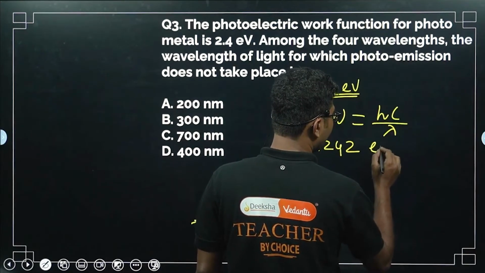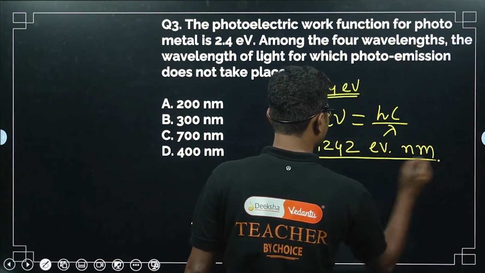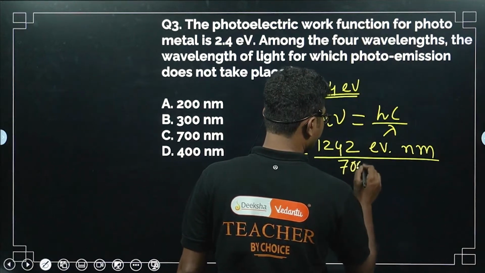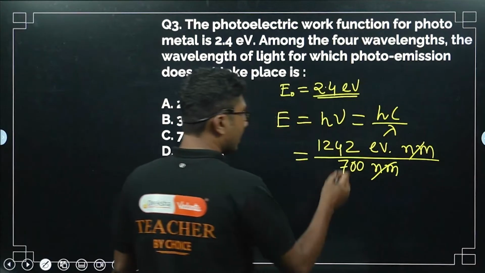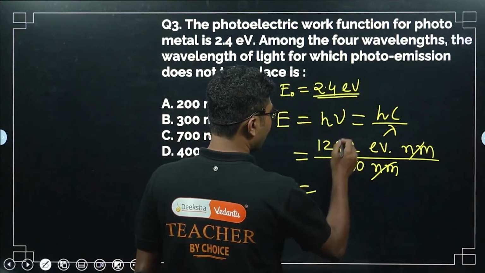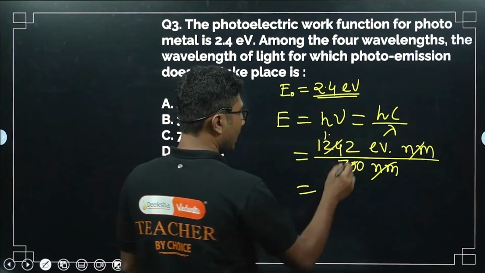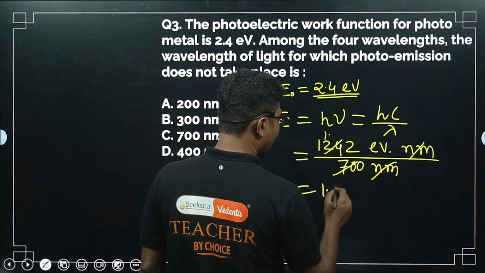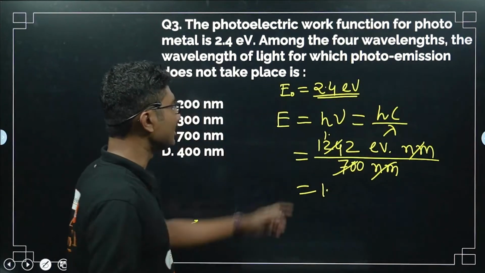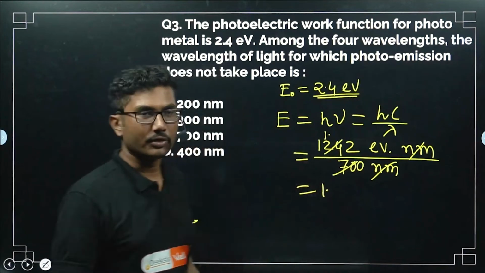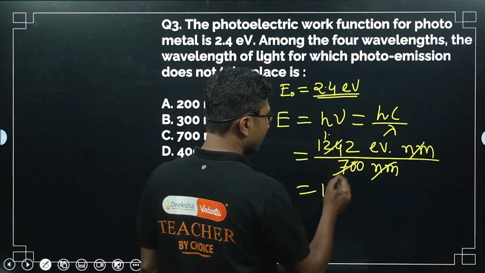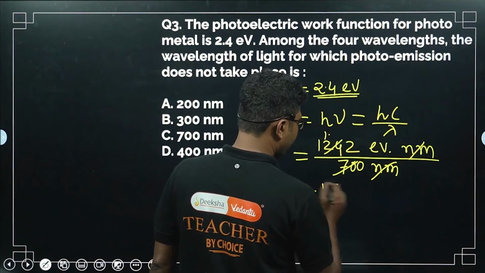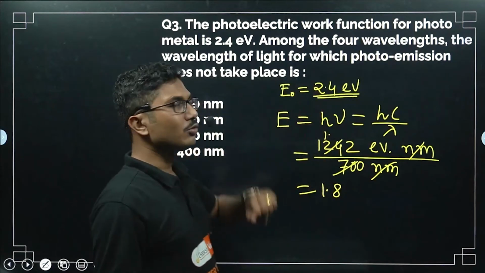So lambda is given 700. Let's start with the biggest one, 700 nanometer. Nanometer cancels, and you will see that it will come around 1 point something, obviously less than 2.4 electron volt. Suppose it will be 1.8, which is less than 2.4 electron volt.